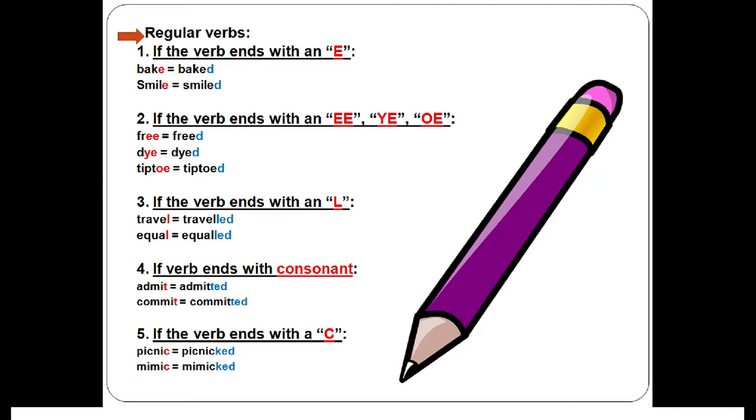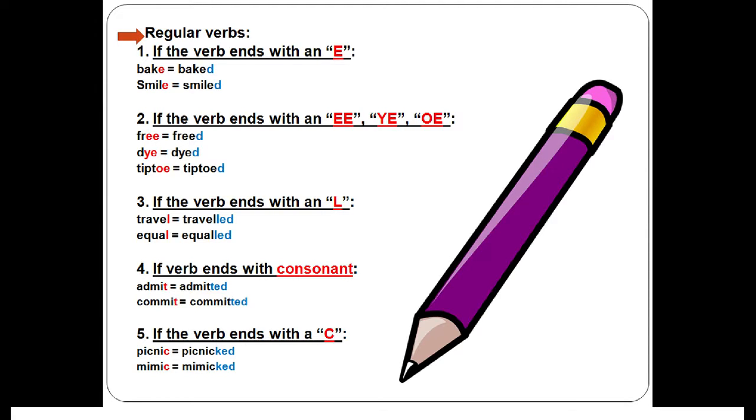In some cases, if the verb ends with l, you need to double the l before adding ed. Examples: travel, become traveled, equal, become equaled. Some verbs that end with consonant need to double the final consonant before adding ed.